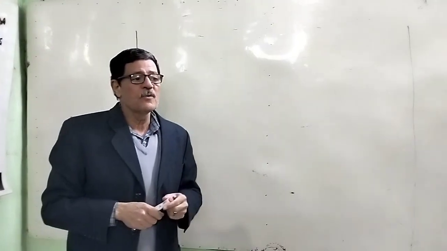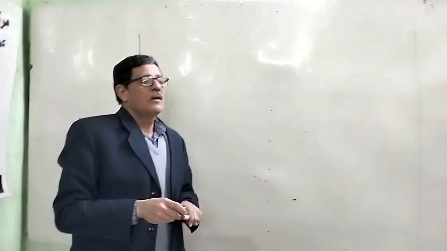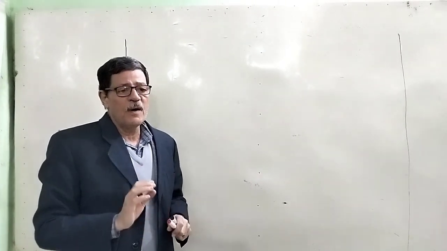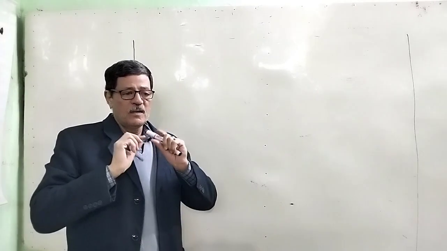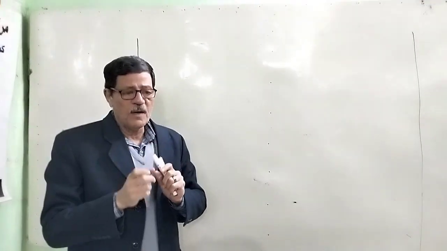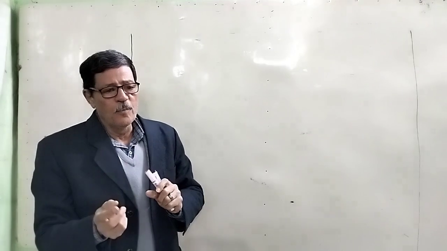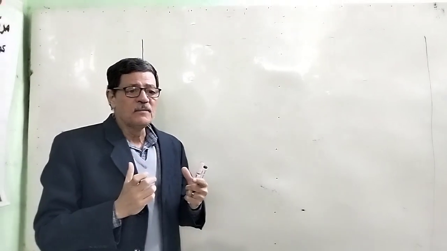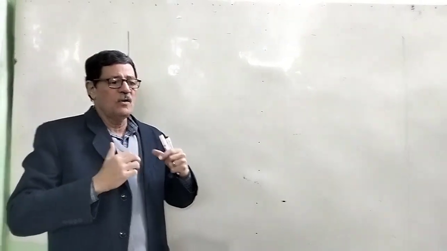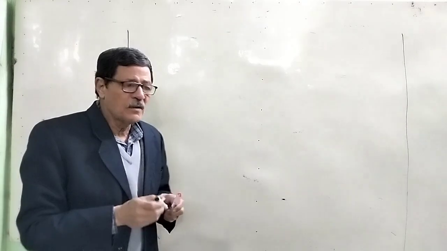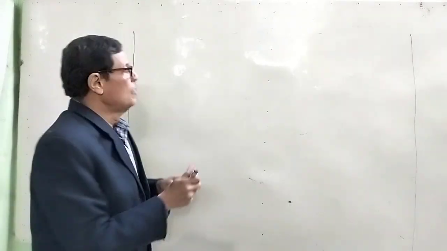Today we are going to speak about the forms of the verb after the object. We know that the parts of the sentence are as follows.